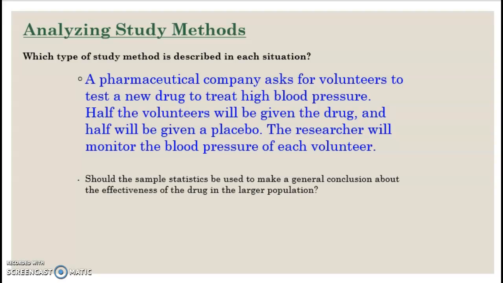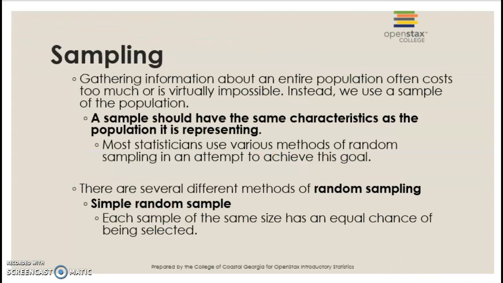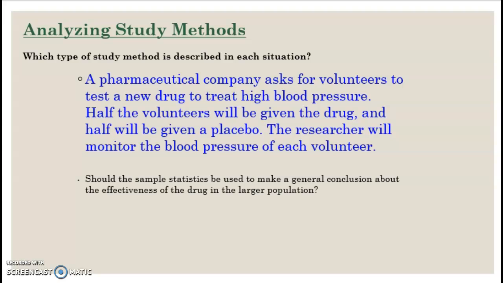A pharmaceutical test company asked for volunteers to test a new drug to treat high blood pressure. Half the volunteers will be given the drug and half will be given a placebo. The researcher will monitor the blood pressure of each volunteer. It is a controlled study.